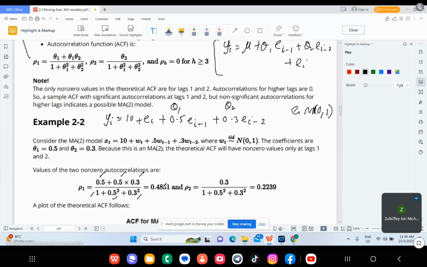So the final answer here is 0.4851 for rho 1. And for rho 2, theta 2 is 0.3 over 1 plus theta 1 0.5 square, plus theta 2 0.3 square. And the final answer is 0.2239.